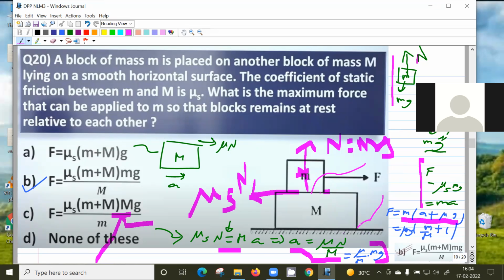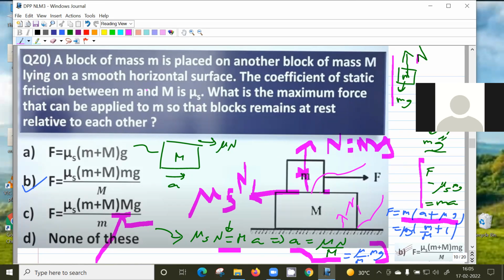If I write the free body diagram with capital M, then this normal reaction will come, but that's not required to solve this problem, because without that I can solve it. If I write the equation for this, I get a new unknown, N1, and I'm not gaining anything. So I call this normal reaction N, and the other normal reaction N1. Just with the free body diagram of small m, I will be able to solve the problem.